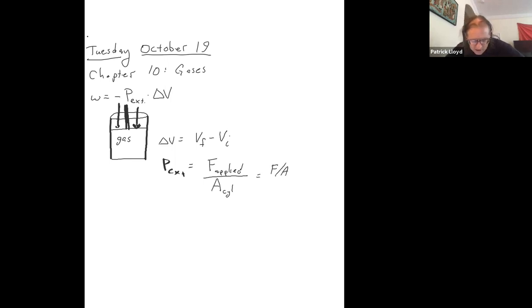Okay. And what we said was that if the piston is not moving, if the piston is stationary, then what that means is the pressure upward applied by the gas is equal to the pressure downward by the external force. Right? That's essentially what the idea of mechanical equilibrium is: if you are pushing up on an object, it'll move.